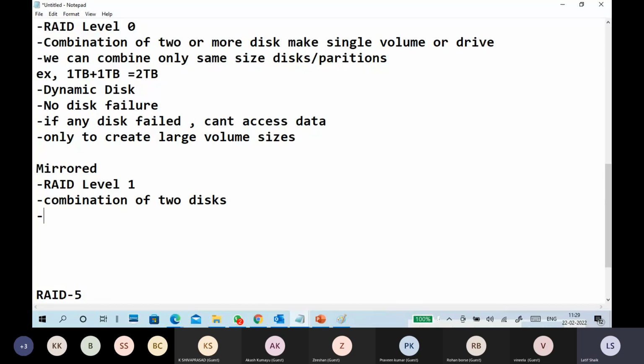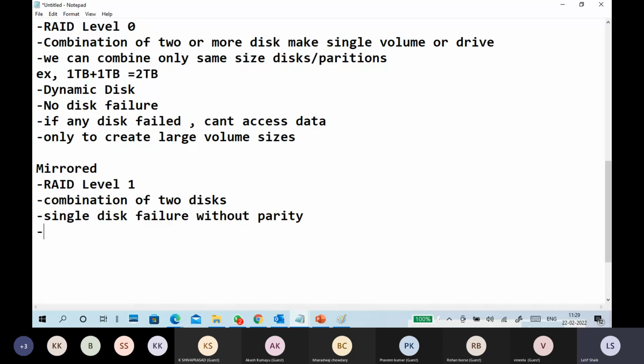For example, you have a disk and you have data in the disk. There is a possibility of failure of the disk, right? Then what do I do? If the disk fails, I can still access the data. It is a single disk failure without parity. Parity bits are not there. I will explain parity in RAID 5.